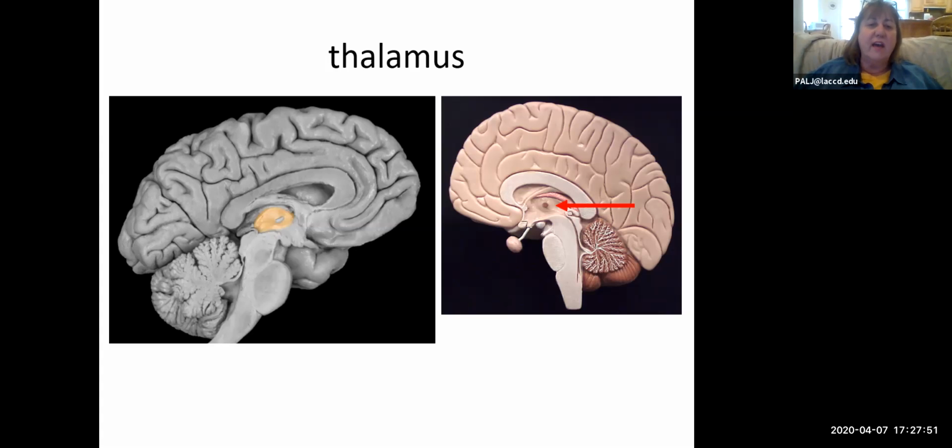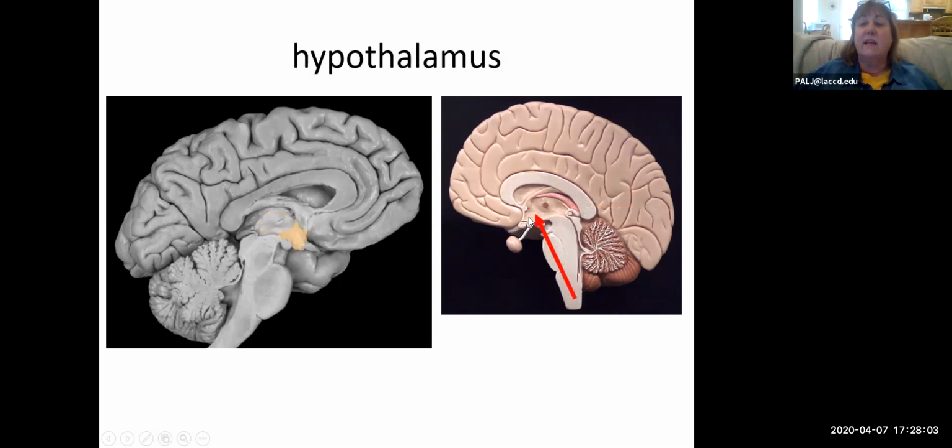Now that you have found your thalamus, what I want you to do is go inferior to it and slightly anterior to it. Okay? And that part of the brain is then called hypothalamus, which kind of makes sense because hypo means it's underneath it. Okay? So the hypothalamus basically is going to be linking the nervous system with the endocrine system.